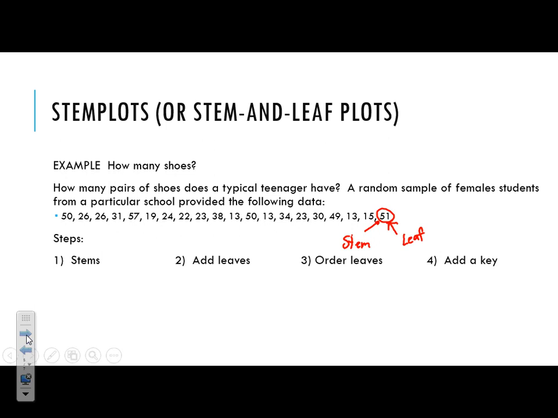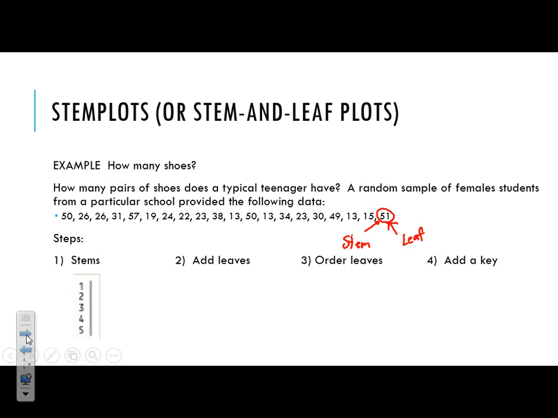So if we give you a visual image of each of these steps, when we list out our stems in this data set, we need stems from 1 to 5 because our lowest data value is 13, and our largest data value, if I remember correctly, is 57.